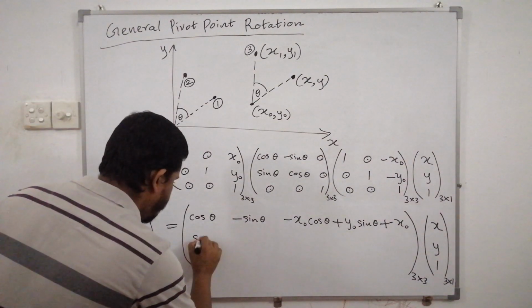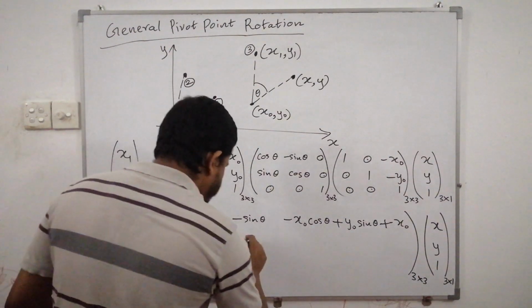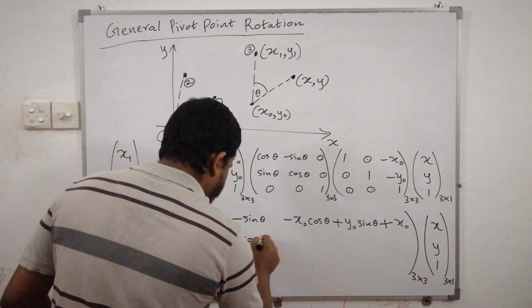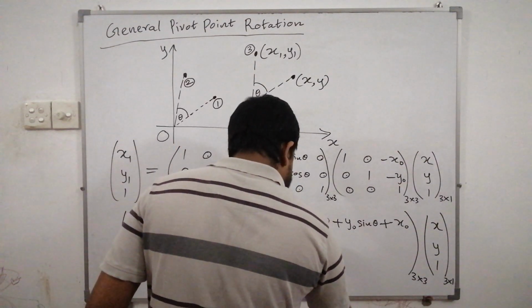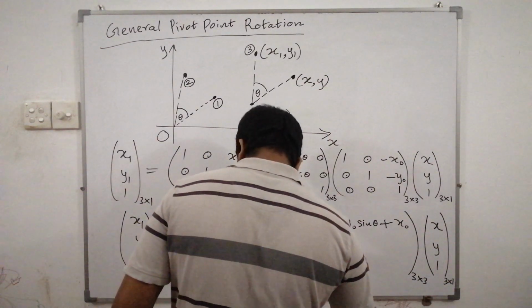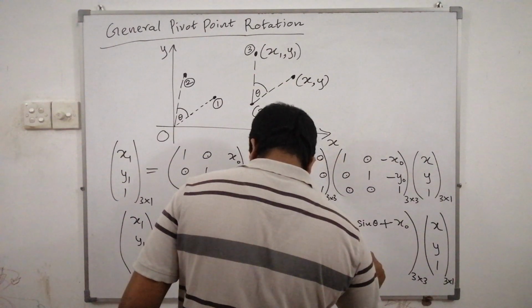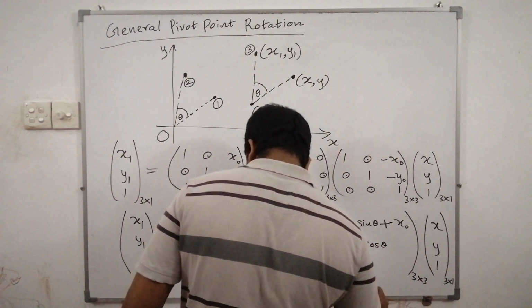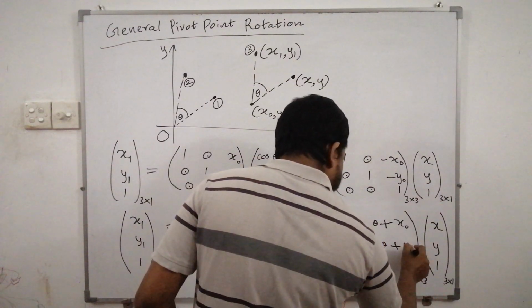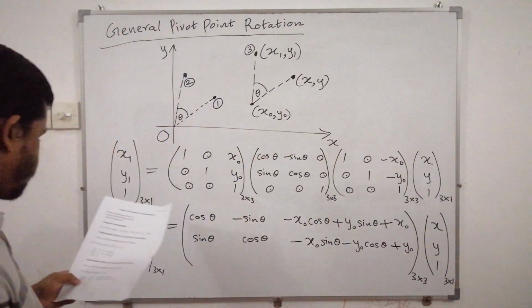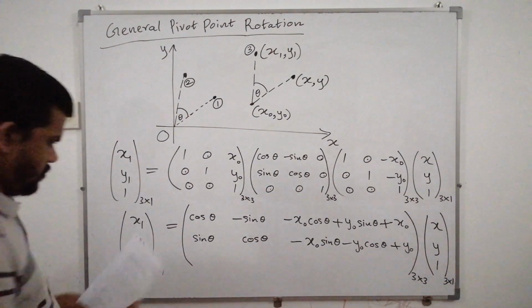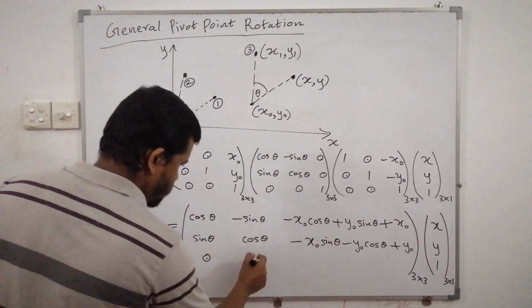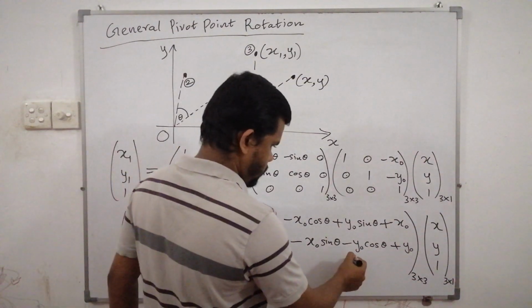The second row is sin theta, cos theta, minus x naught sin theta minus y naught cos theta plus y naught. Finally, the last row is 0, 0, 1.